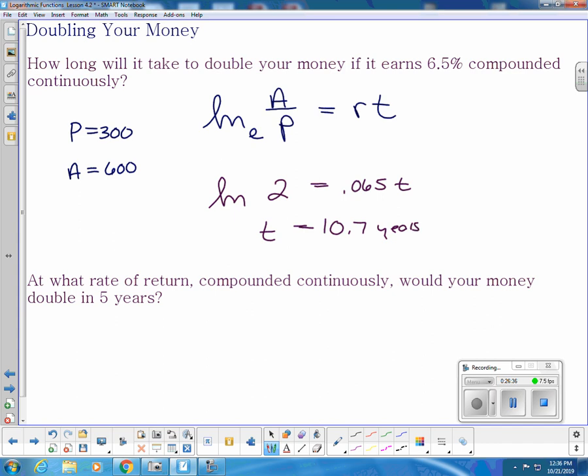You need to make sure that when you pick your calculator up, when you type in natural log, it automatically starts a parenthesis. You have to close the parenthesis after the 2. It's the natural log of 2.